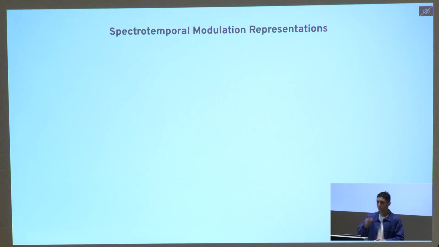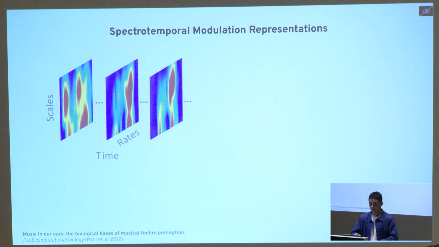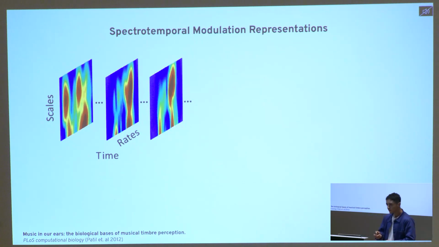This brings me towards spectrotemporal modulation representations that are studied quite extensively in auditory neuroscience. And these computational representations idealize how sound is encoded in the auditory cortex. This idealization came about from auditory neuroscientists probing the mammalian primary cortex in response to controlled stimuli like ripples and chirps and so on.